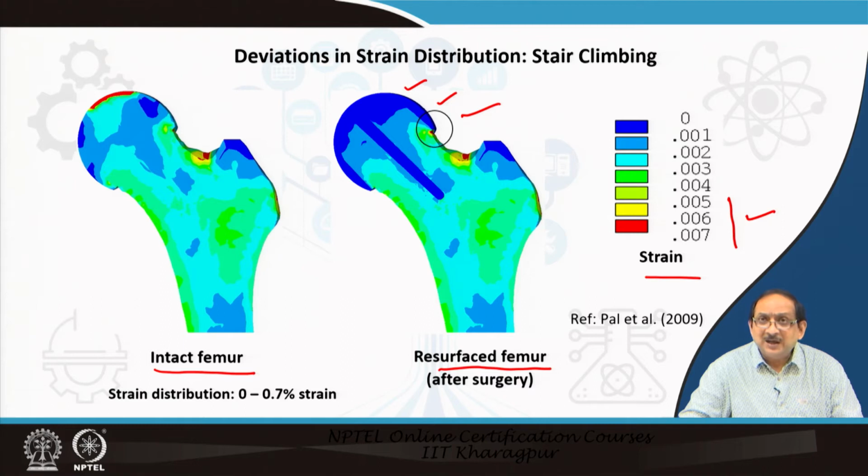This is very close to the yield strain of femoral neck cancellous bone, which is around 0.6 to 0.7% strain. Clinical studies reported that one of the major concerns of hip resurfacing arthroplasty is the risk of femoral neck fracture during the first few months after surgery.